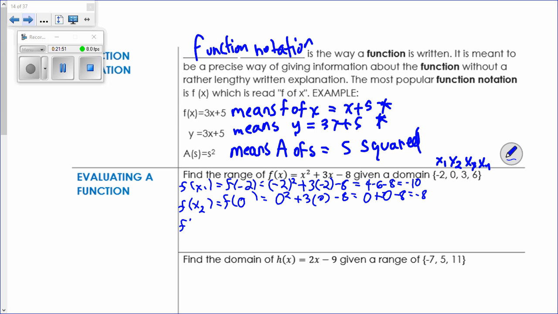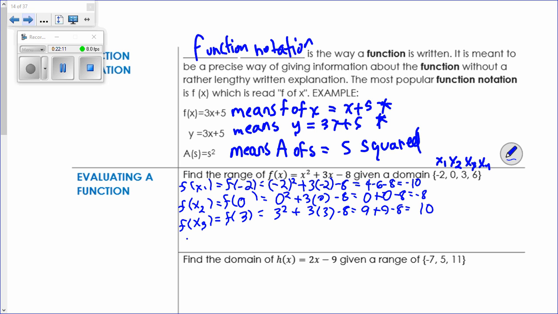For f of 3, this equals 3 squared plus 3 times 3 minus 8, equals 9 plus 9 minus 8, or 10.